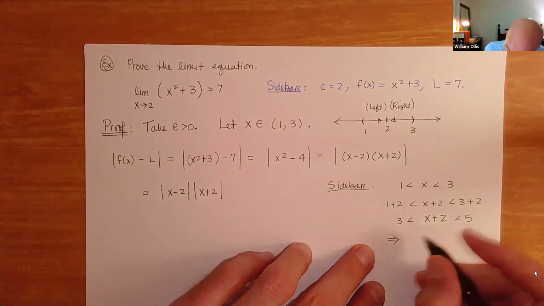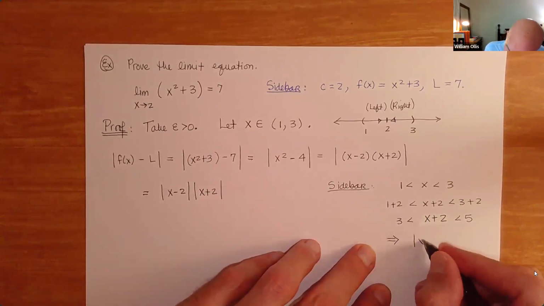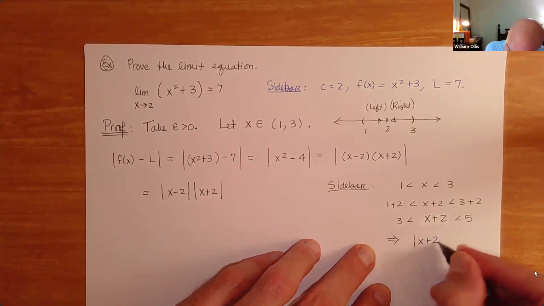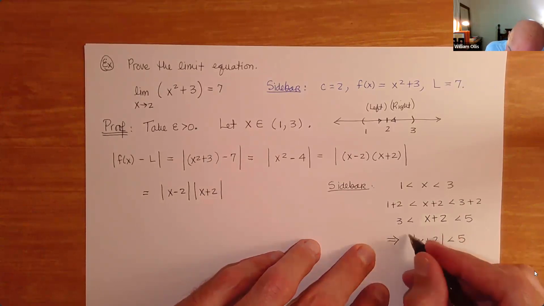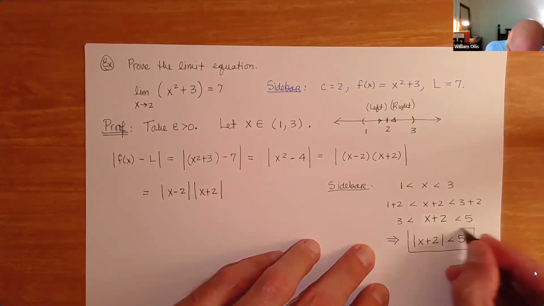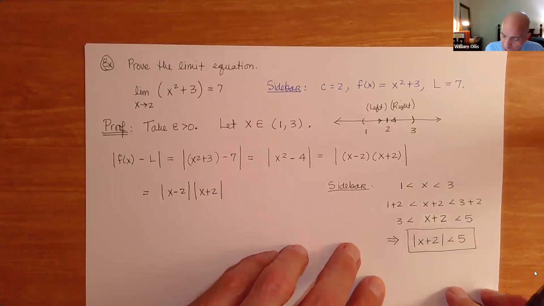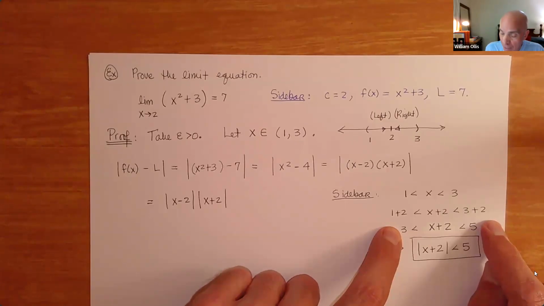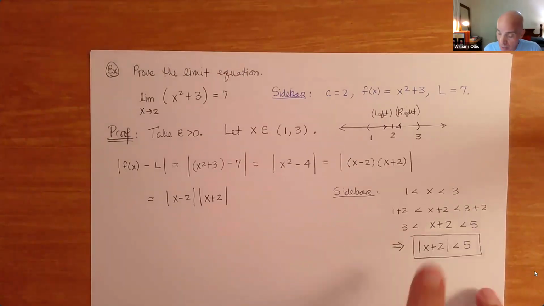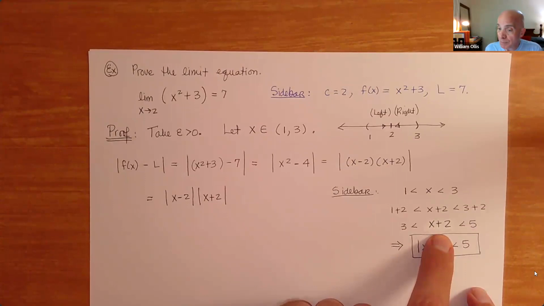So this implies that the absolute value of x plus 2 is less than 5. That's very important. We can't just jump to the absolute values until we look at the sign of these particular numbers that bound the argument x plus 2.